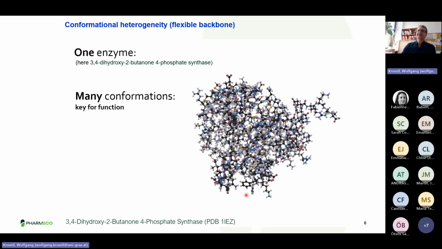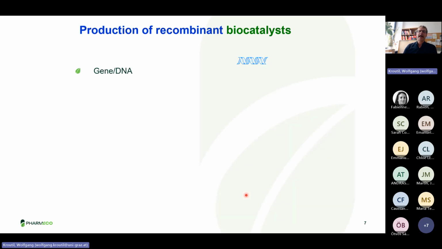Well, when we make the enzymes in our lab, so actually we make the enzymes ourselves, we don't buy them, but even when you buy it, it has to be made somehow. This is rather easy nowadays, in my opinion. In general, we order the gene online.